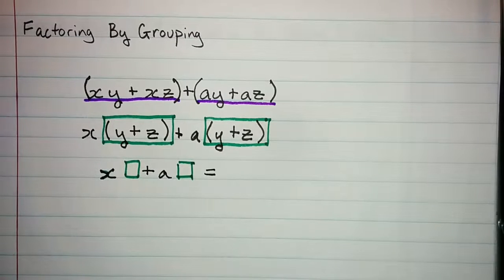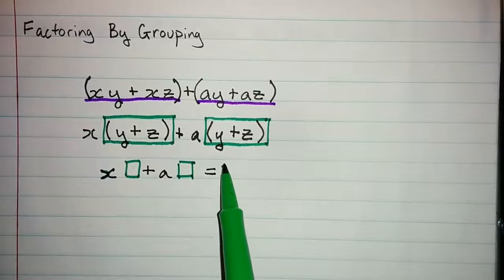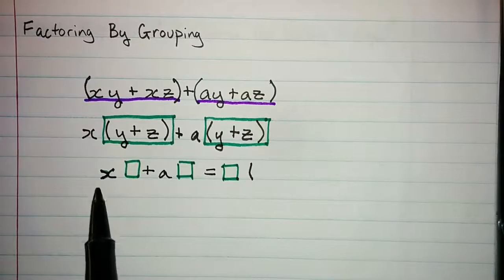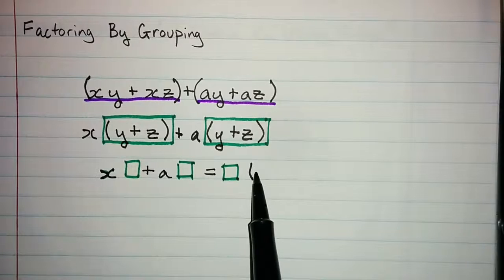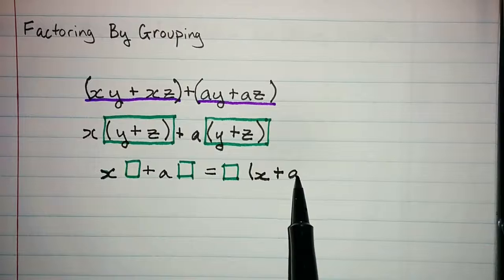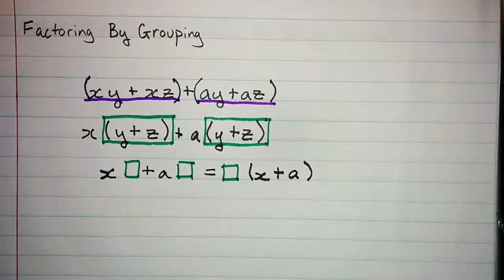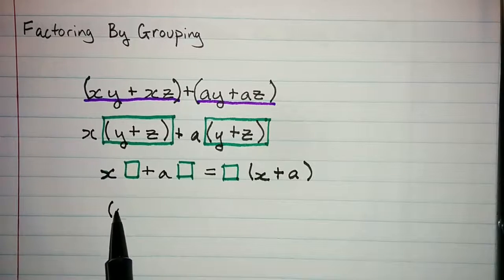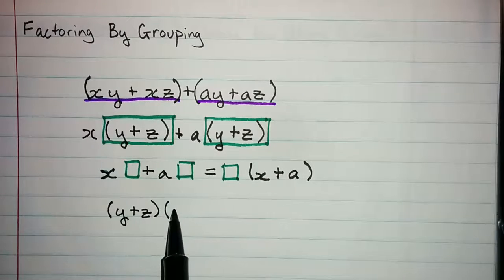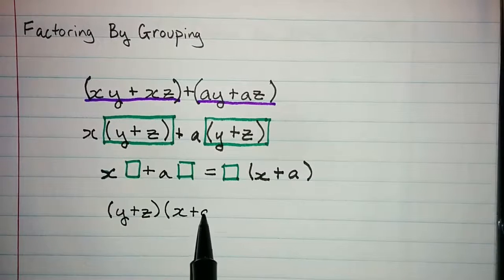So this is just my block times, well, what's left of the first term is x. What's left of the second term is a. I think I've just factored this as a product of two binomials. I think that this is y plus z times x plus a.